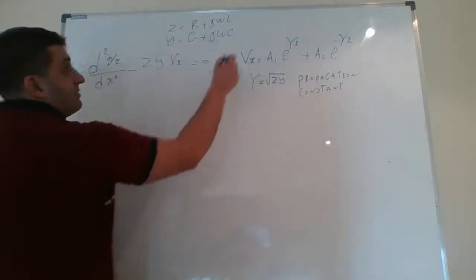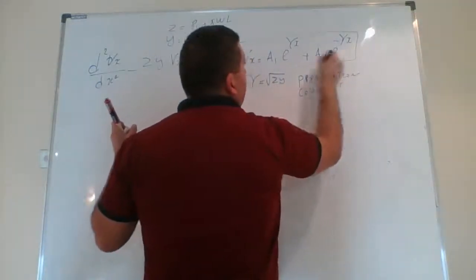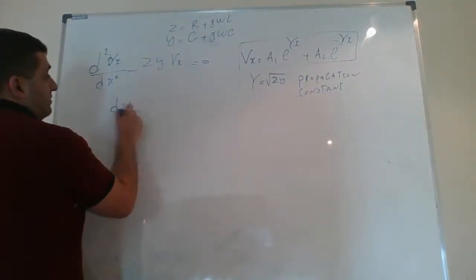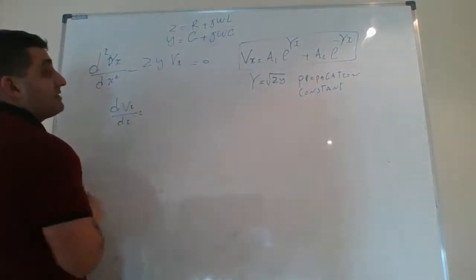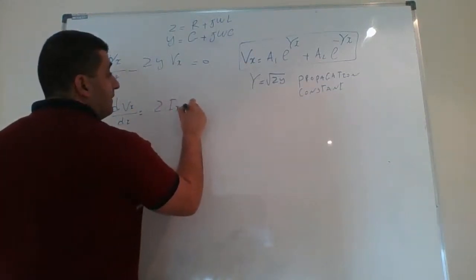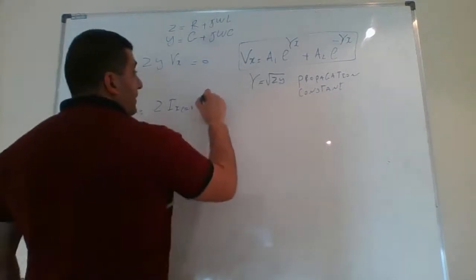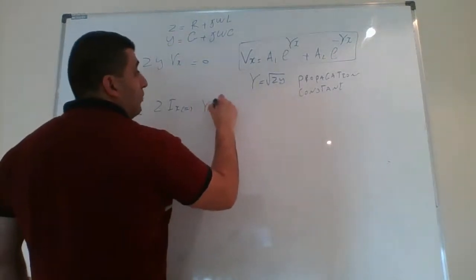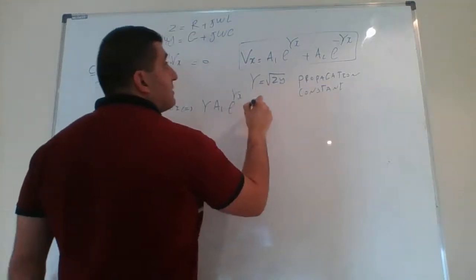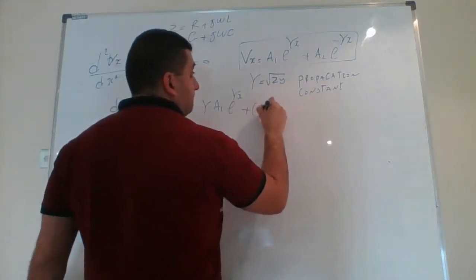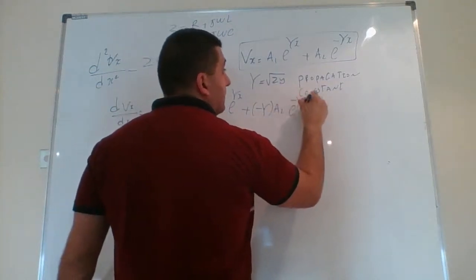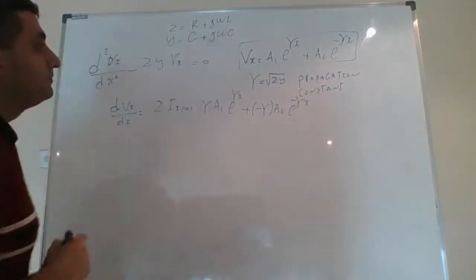Now I have Vx. If I do dVx over dx, the answer will be equal to Zix. I derive this one, a1 exponential of minus plus a2 exponential of x.